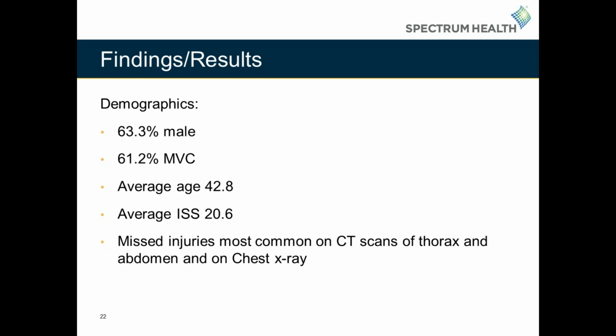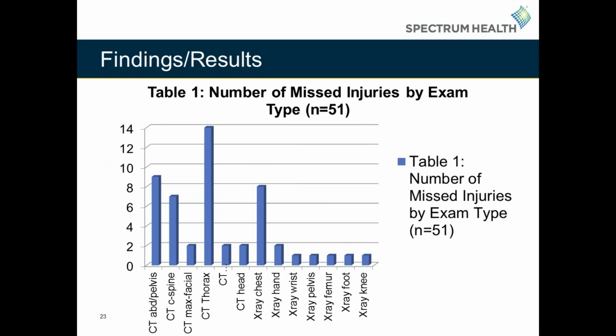So we wanted to dig deeper to see what are the exams that are done that there's more common missed injuries on in this patient population. And we found that the CT of the thorax, the chest x-rays, the abdomens were the most common ones. So we put a graph together here, and you can see that the CT thorax was one of the more common ones.